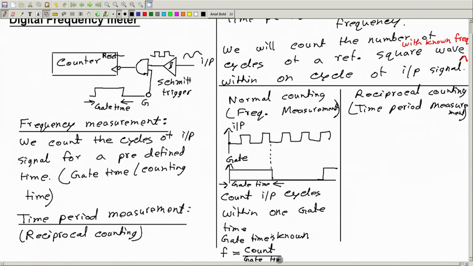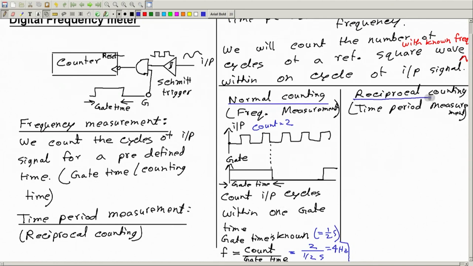If say gate time is equal to half second, in this case count is equal to 2. So, frequency will be 2 by half, this is same as 4 hertz. Okay. This is normal counting.